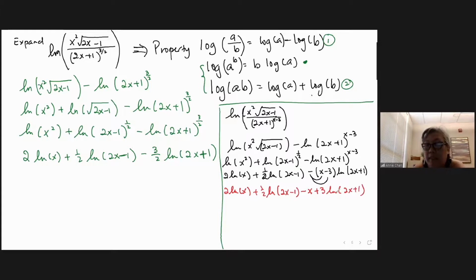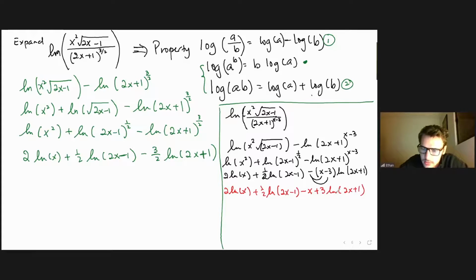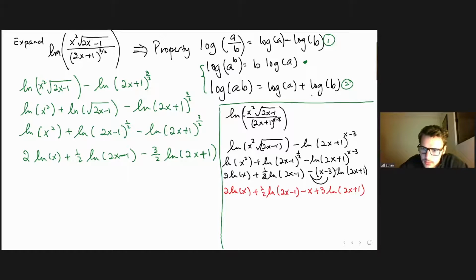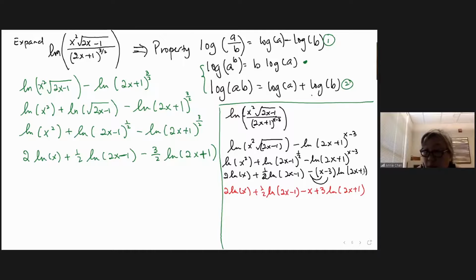Am I correct? Oh, I see. Because this x belongs to the natural log at the end. This x belongs to natural log of 2x plus 1, same as this 3, right? Okay. So x is not by itself.